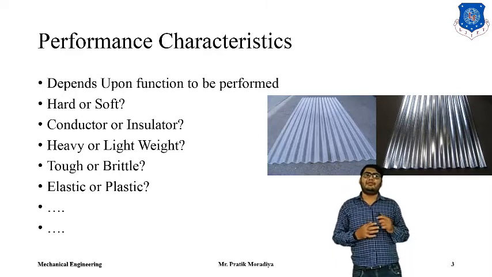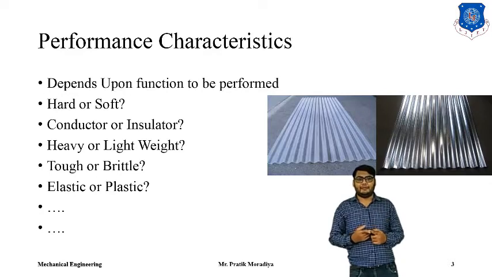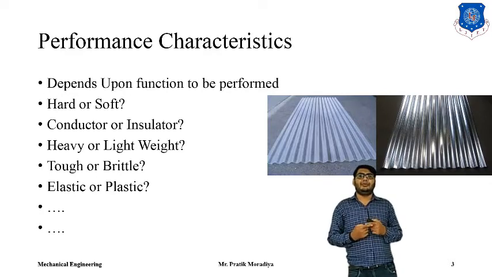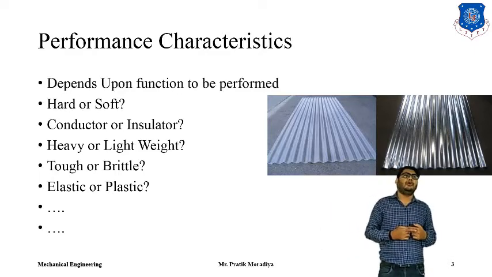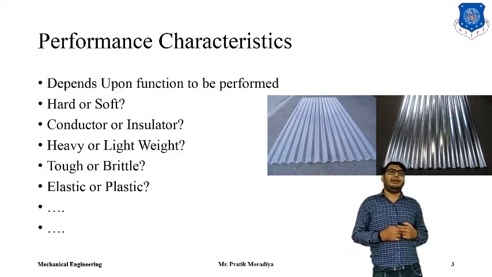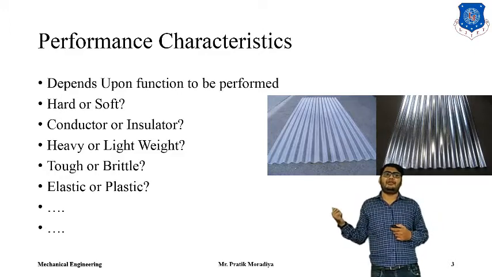Now, if we compare both of these, then the plastic sheet will be low weight, will have good opacity, and is a good thermal insulator. But the stainless steel will have high strength and longer life. But plastics are not subjected to corrosion.